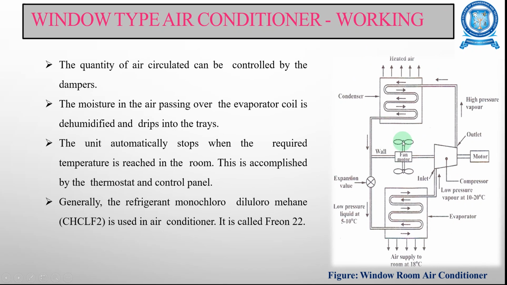The quantity of air circulated can be controlled by the dampers, and the moisture in the air passing over the evaporator coil is dehumidified and drips into trays. The unit automatically stops when the required temperature is reached in the room.